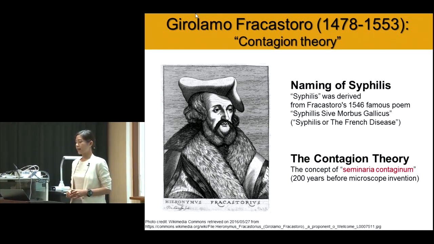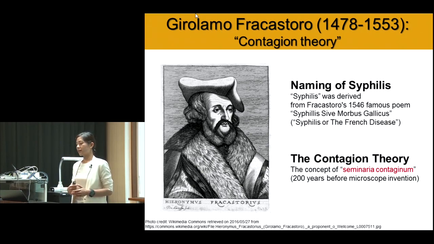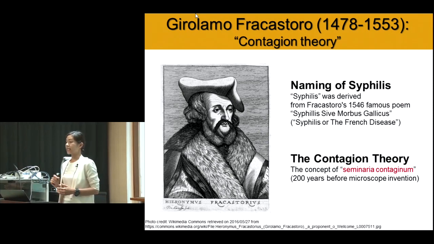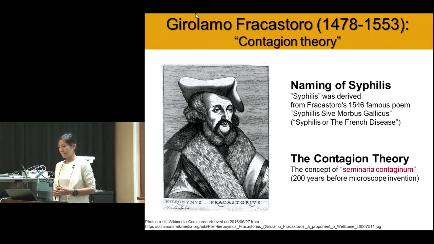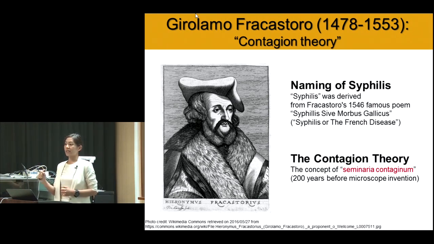And secondly, Fracastoro was very famous for his revolutionary theory, the contagion or seed theory, that infectious diseases were transmitted from person to person by minute invisible seeds that were specific to individual diseases, were self-replicating, and acted on bodily humor to create disease.